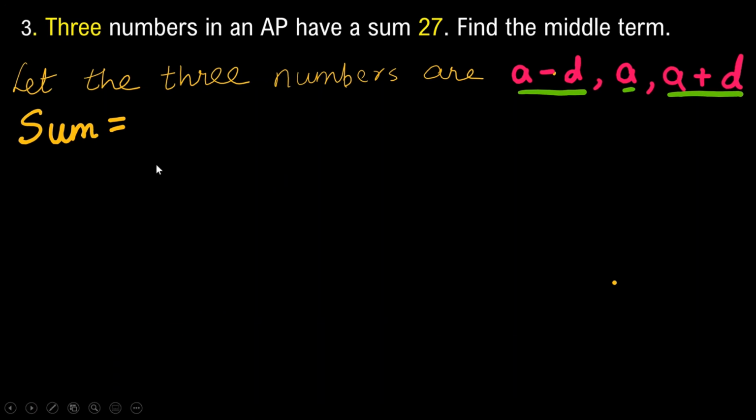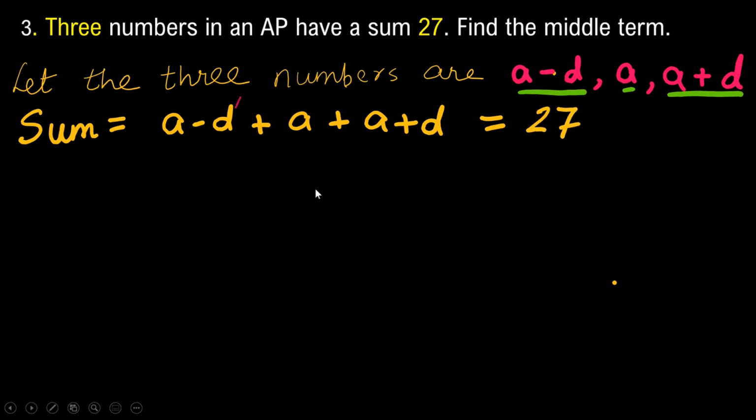Okay. Now let's come back. So the sum of the three numbers is given as 27, and we have assumed these three numbers as this. So sum is equal to A minus D plus A plus A plus D. Okay. You can see that the D gets cancelled out, right? And this is 27. It's given.